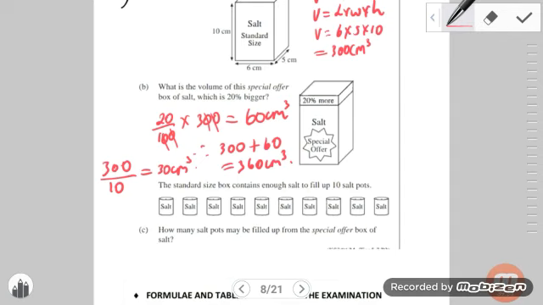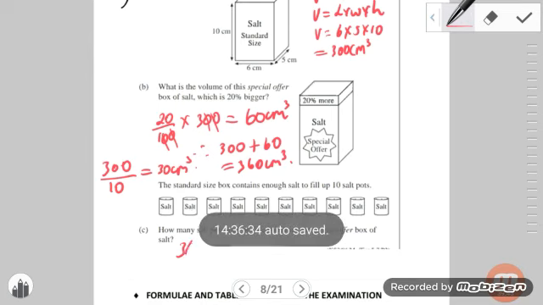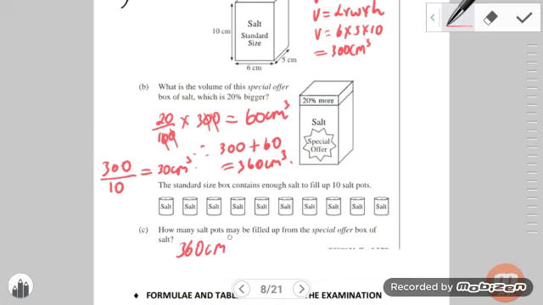Now, since the new salt box, which is the special offer, contains 360 cubic centimeters of salt, that would mean that since each of these salt pots contain 30, I could take the current volume of the salt box, that is 360 cubic centimeter, and divide it by the amount of cubic centimeters of salt that can be held in each of these small pots.